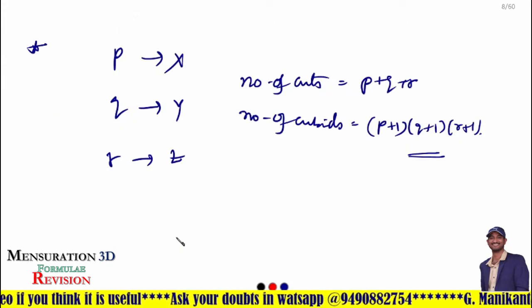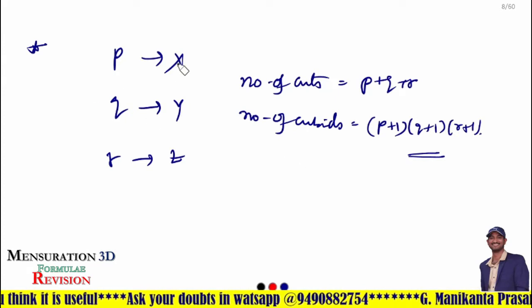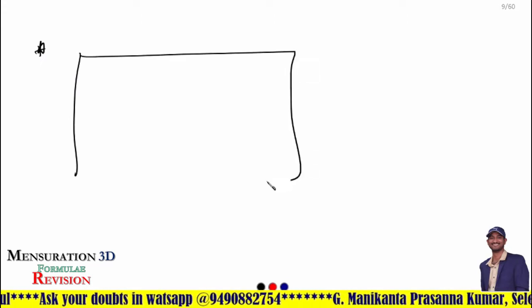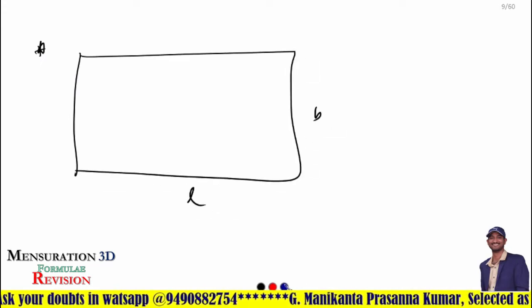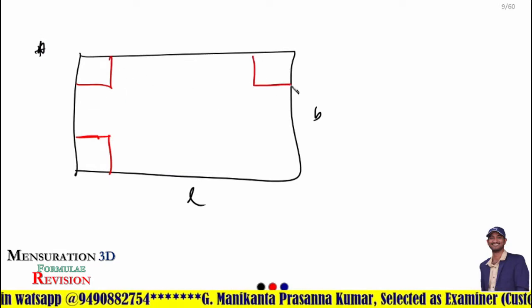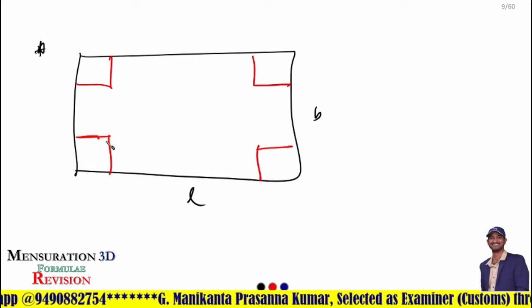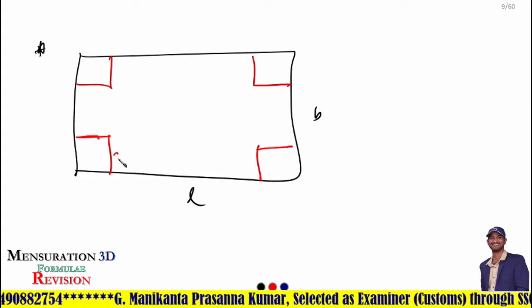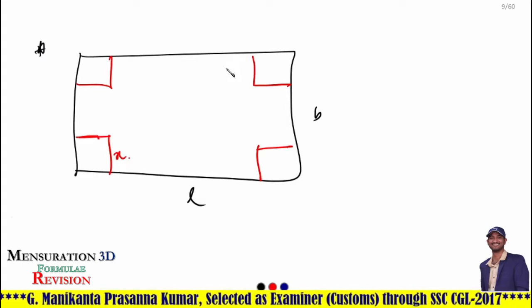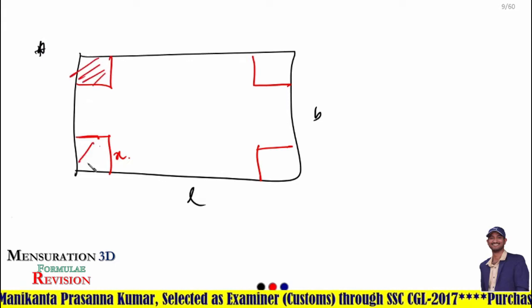Next, maximum volume of the box, that is a cuboid. Suppose there is a rectangular sheet of length L and breadth B, and I cut 4 squares at the 4 corners of this rectangular sheet and each square's side is x. These are cut and eliminated.